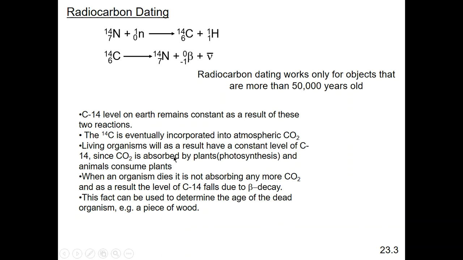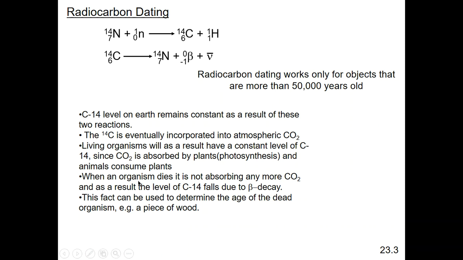So in a living organism, the level of carbon-14 basically remains the same as a result of the carbon dioxide being absorbed into these living tissues, and then the carbon-14 from the carbon dioxide decaying. So therefore the level of carbon-14 remains constant while the organism is alive.